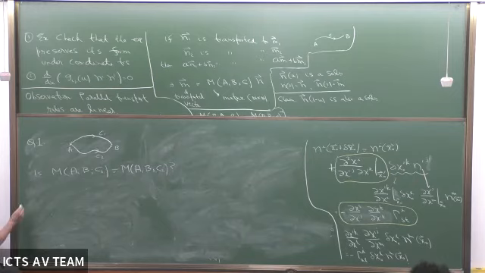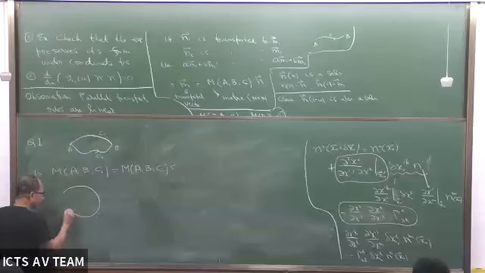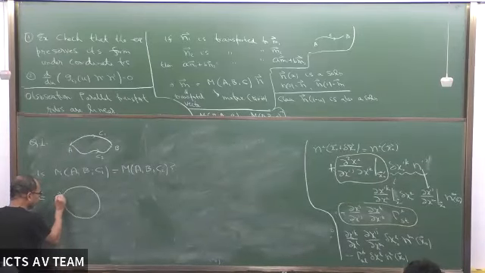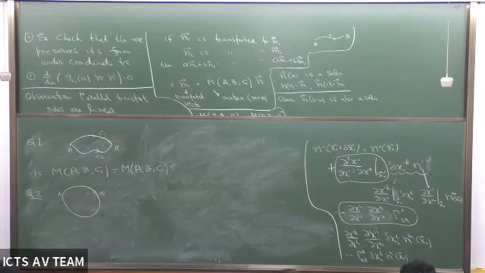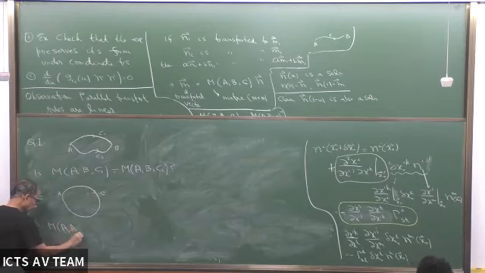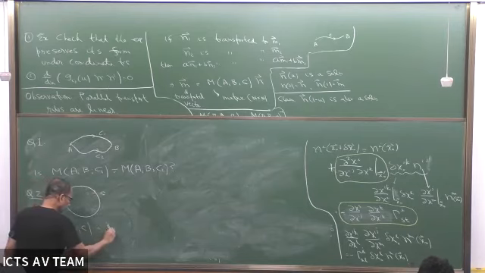The second question, which will be related to this, is: consider a closed curve that starts and ends at the same point, A, call it C. So is M_AC equal to the identity matrix?